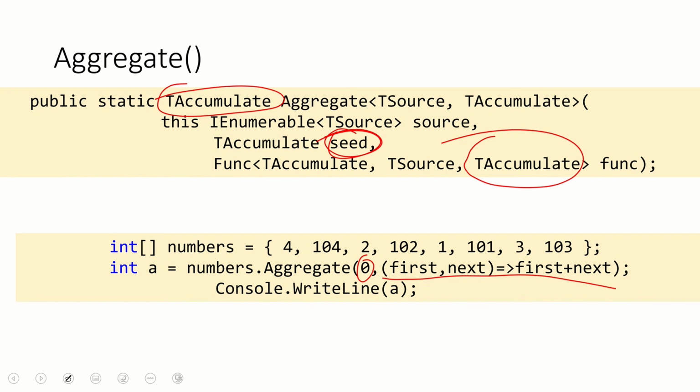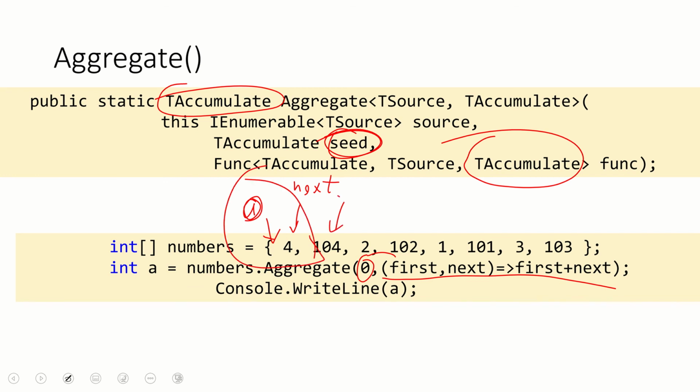With the different seed, we initialize our first as 0. So it's something like, here we get 1. The first one we add as 0, and the next is 4. Then we add them.